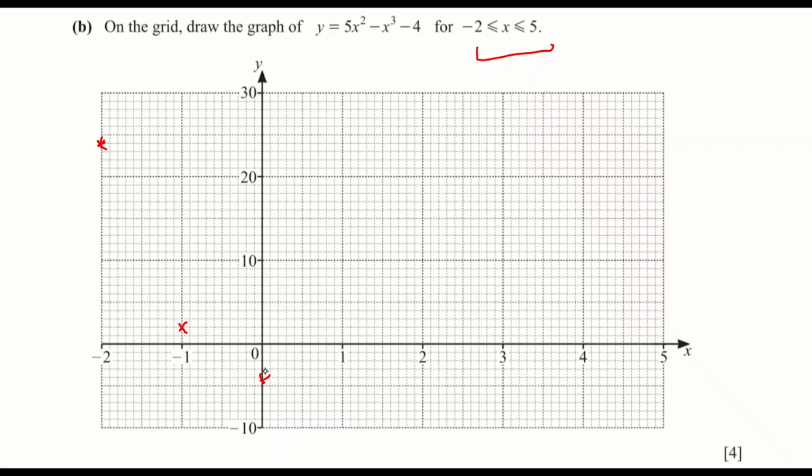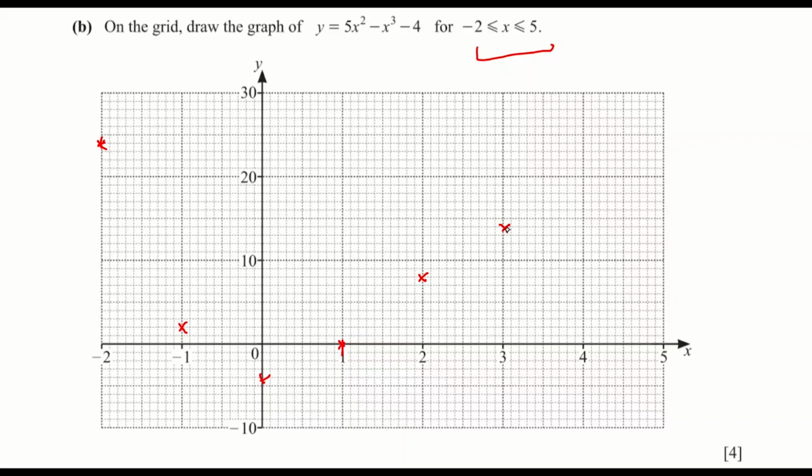Then the next one, when x equals 1, y equals 0. So it will be here. When x equals 2, y equals 8. So it will be up here. Then when x equals 3, y equals 14. So 11, 12, 13, and 14.